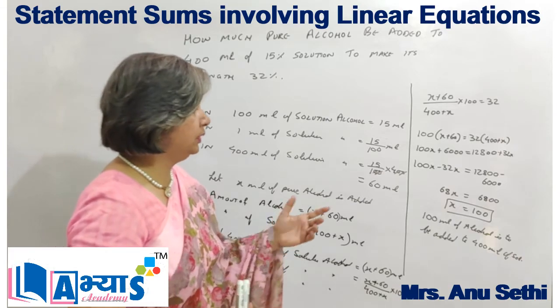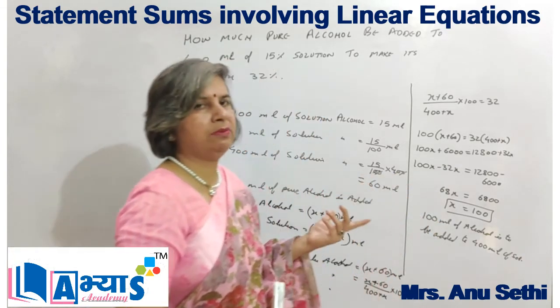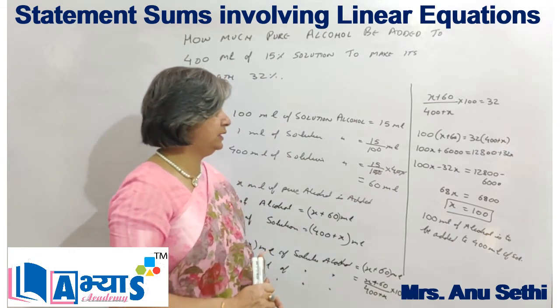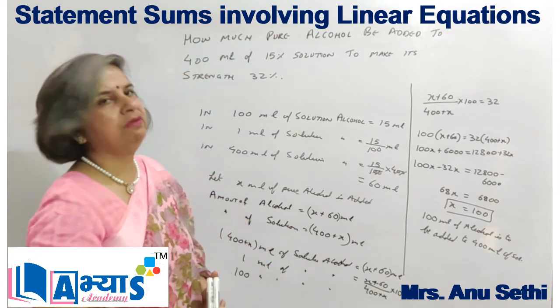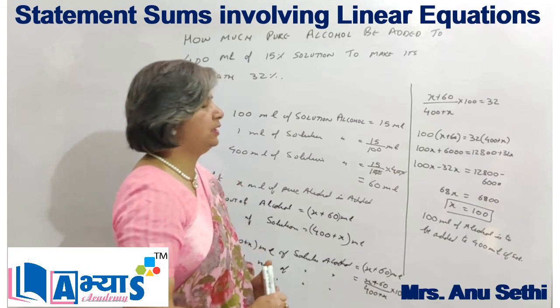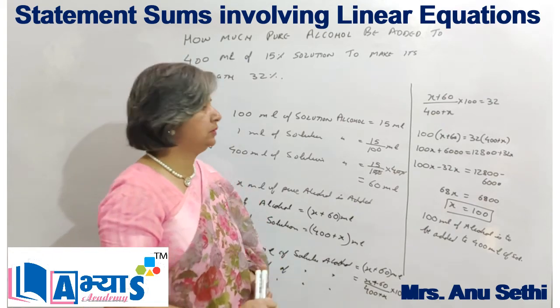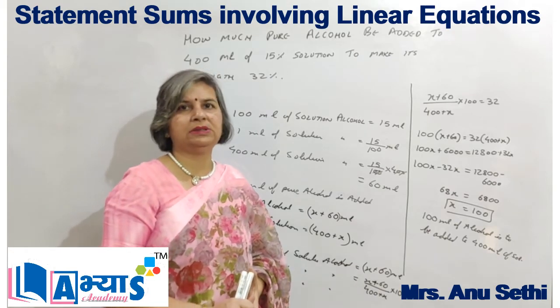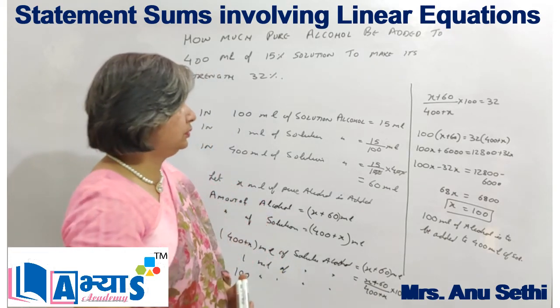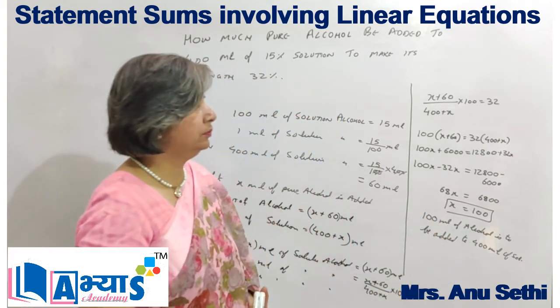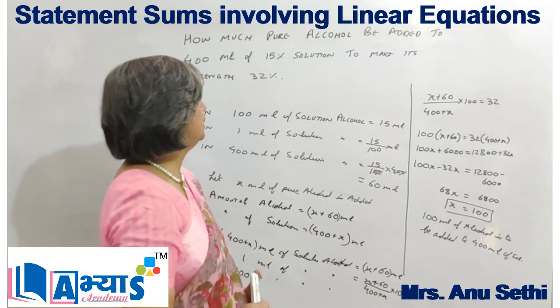If I substitute this value in this statement, earlier it was 60 ml, 60 plus 100 will be 160 ml, and the solution will be 500 ml, and 160 upon 500 into 100 will result into 32%. So this is how we reach the answer that the statement is correct. So we can say that 100 ml of alcohol is to be added to make the solution as 32%.